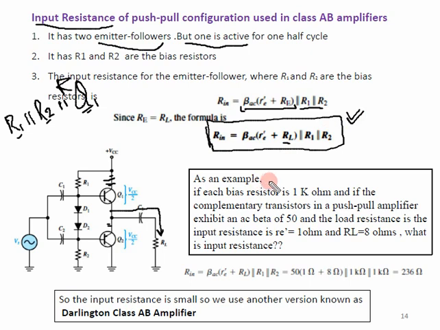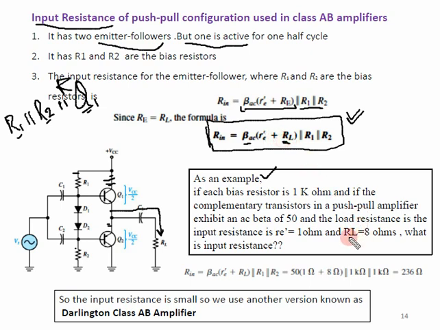Let's check it with an example. Each bias resistor is 1 kilo-ohm, so R1 is 1 kilo-ohm and R2 is 1 kilo-ohm. The complementary transistors in the push-pull amplifier have AC beta of 50.